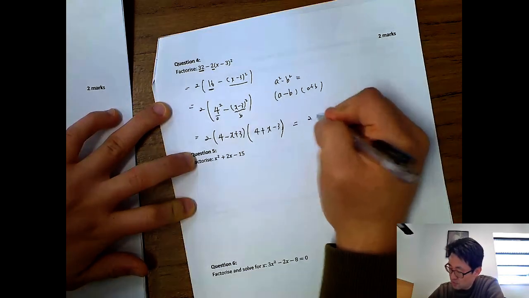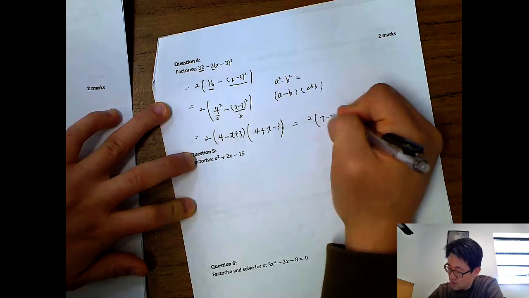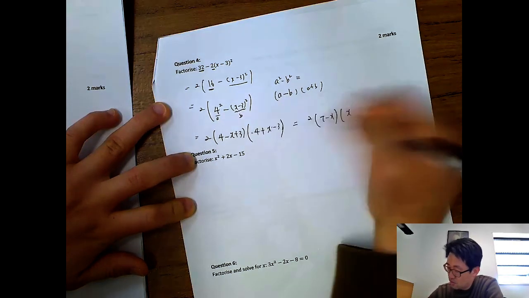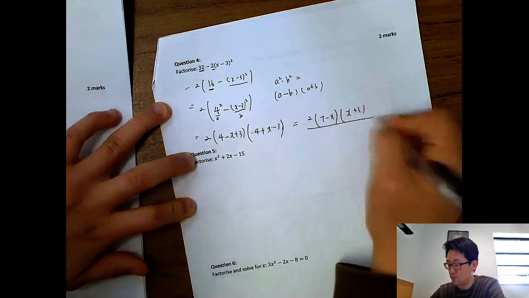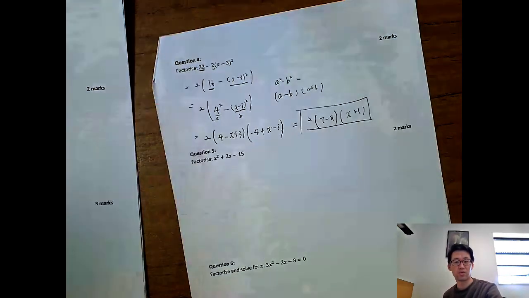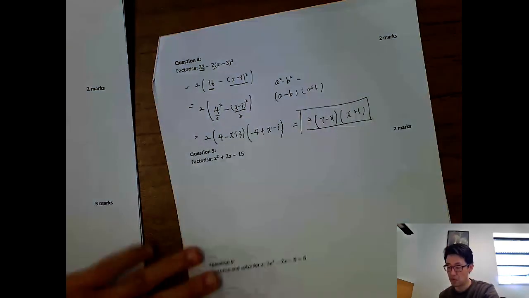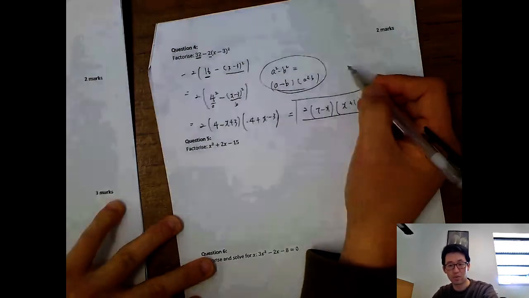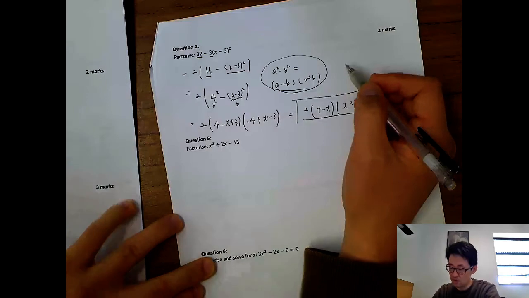So 2, 7 minus x, x plus 1. That's what you should get. Okay? Keep using a squared minus b squared. You need to be able to find it.